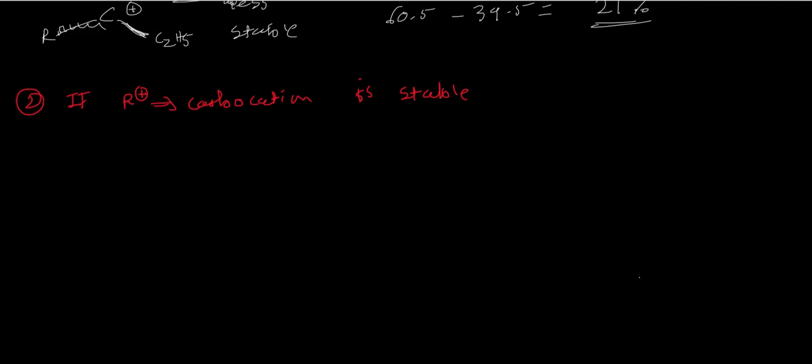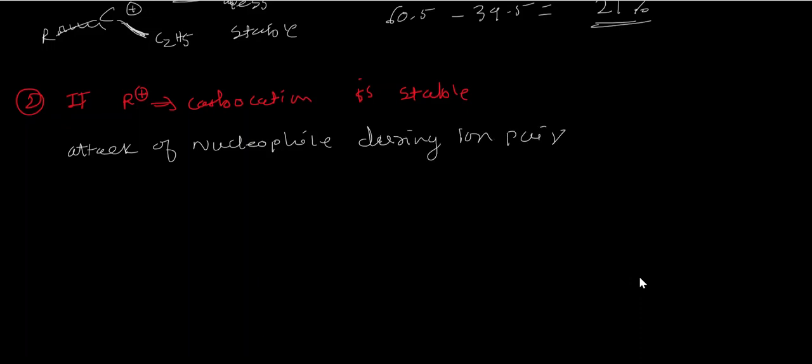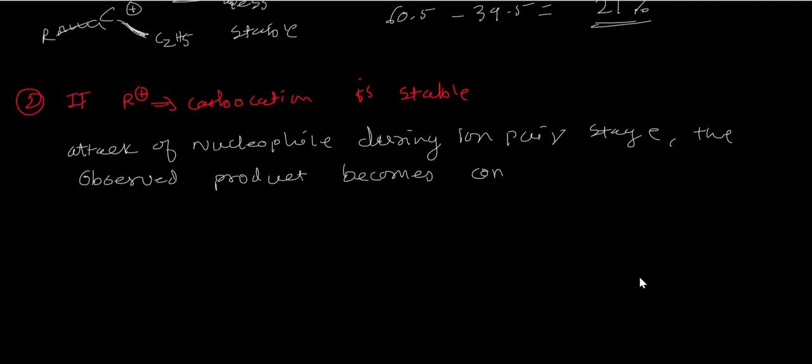If the carbocation is stable, then the attack of the nucleophile during the ion pair stage, the observed product becomes completely racemized. Completely racemized.